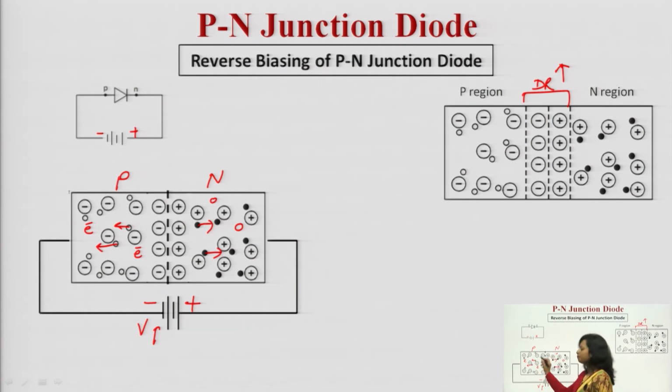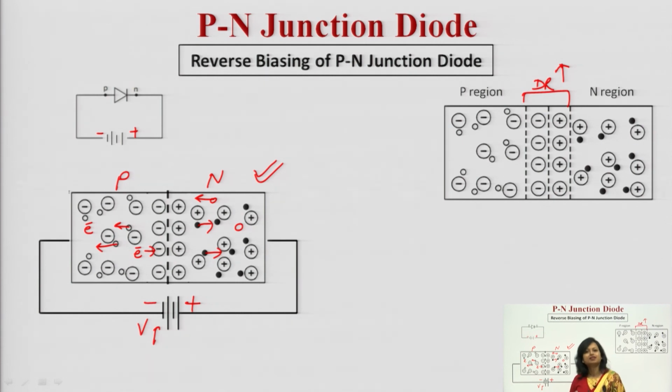Now what will happen? Because of this applied battery, these minority charge carriers, electrons in P, will be pushed towards the junction, and holes which are in the minority in N will also move towards the junction. It means in this particular condition, minority charge carriers are crossing the junction and the current flows because of these minority charge carriers.